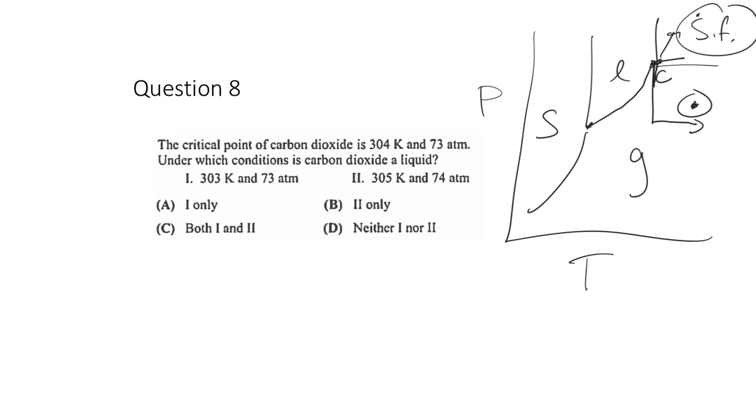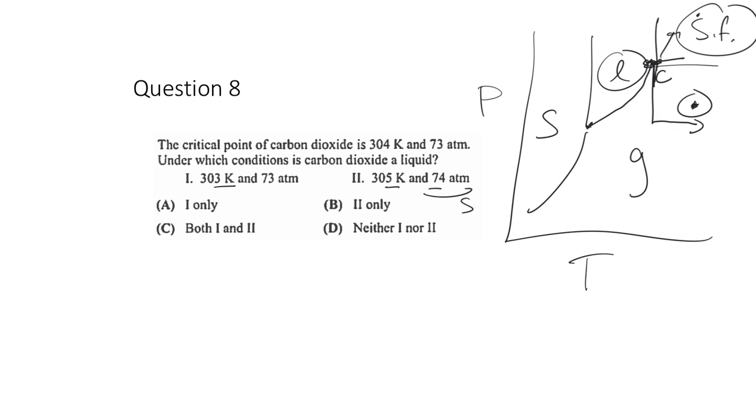So if we're at 303 and 73, so if we're at a lower temperature, we go over to here, we go to a lower temperature but at the critical point, then that's going to put us into the liquid phase. And then if we are above each of those points, then we are in the supercritical fluid stage.